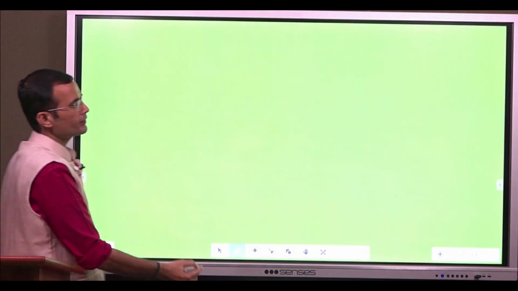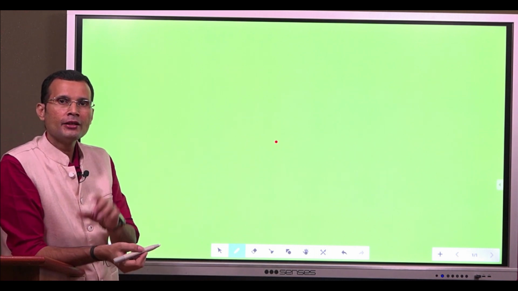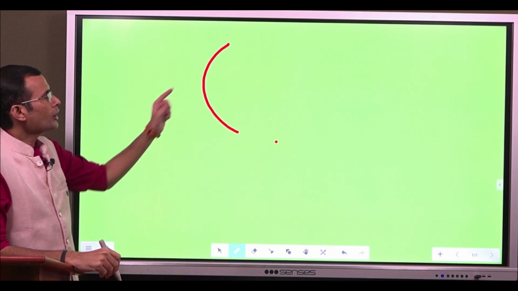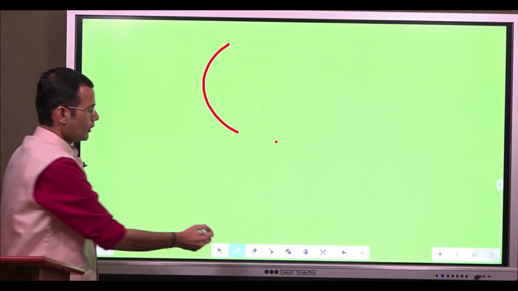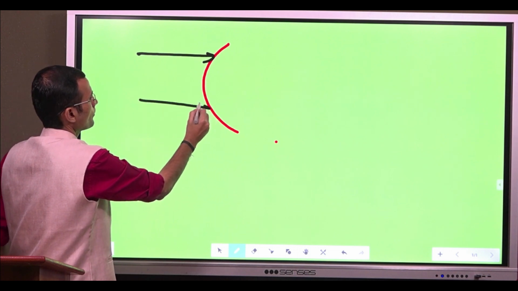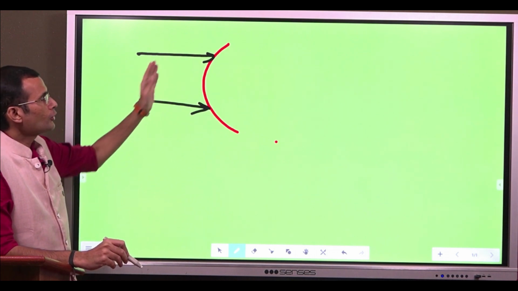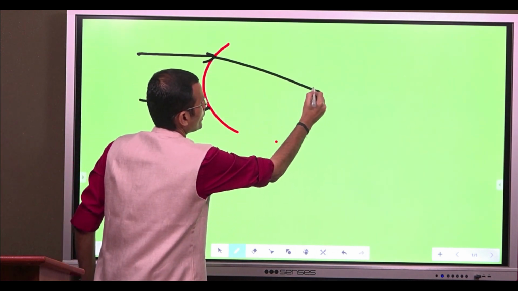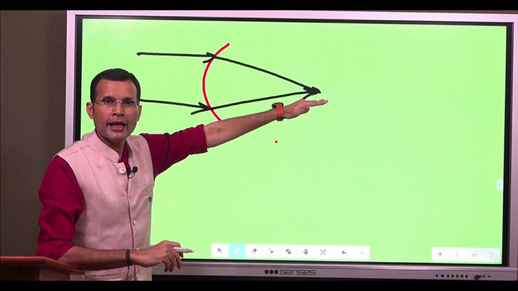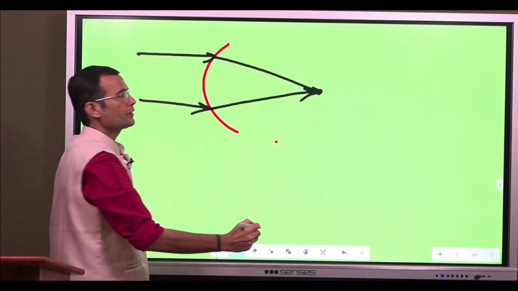Let me just draw this and have a simplistic design to understand astigmatism. Here is the uniform curvature of the cornea. What will happen? The two parallel rays falling on the cornea, their refraction will happen with the same strength, and therefore they will meet at one point.